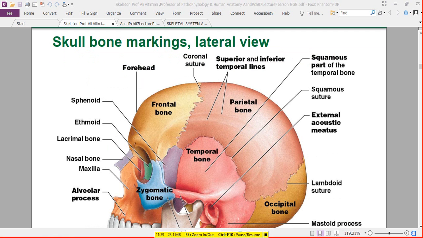This is temporal bone, this is the lambdoid suture, this is the occipital bone, and this is the sigmoid sulcus, then sphenoid, ethmoid, lacrimal, nasal bone, maxilla, anterior alveolar process, and mastoid process.